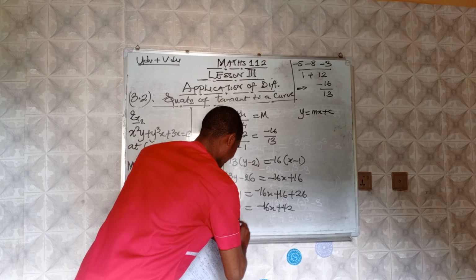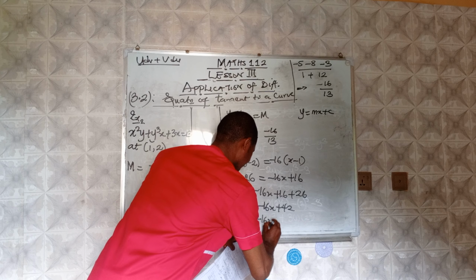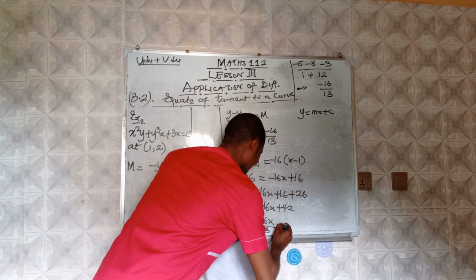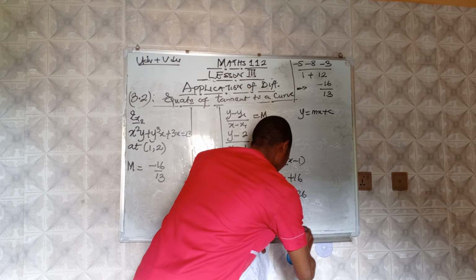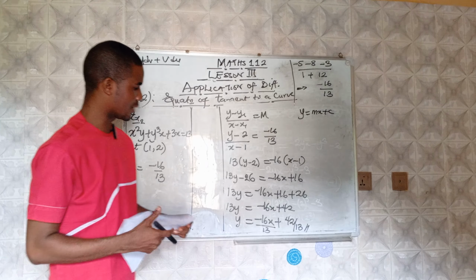Therefore, my y becomes minus 16x over 13 plus 42 over 13. This becomes the needed equation.